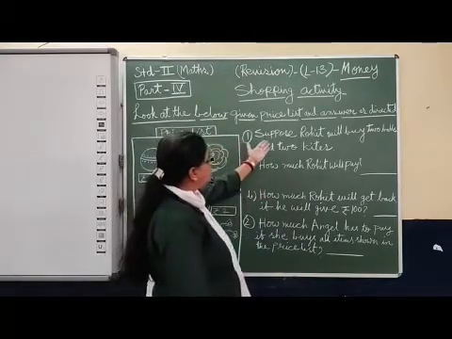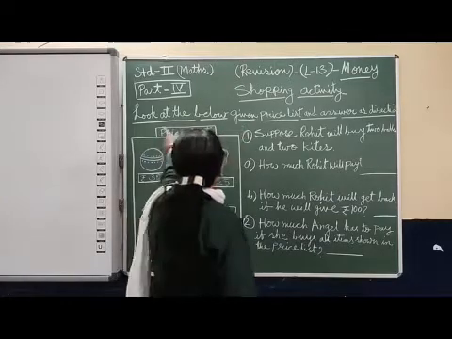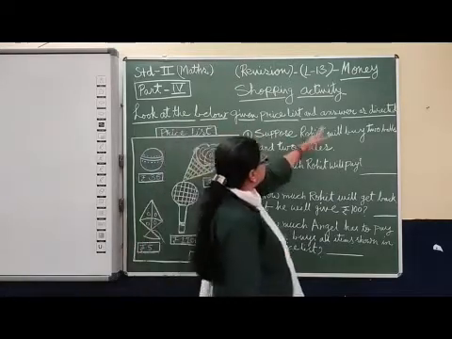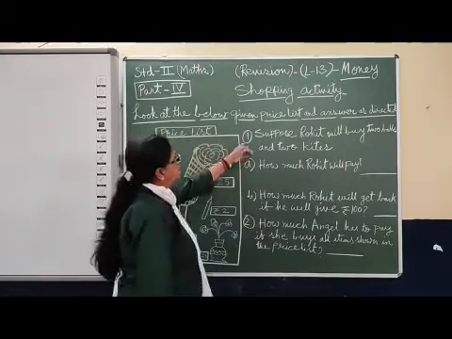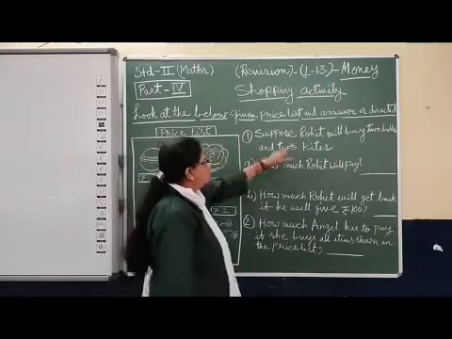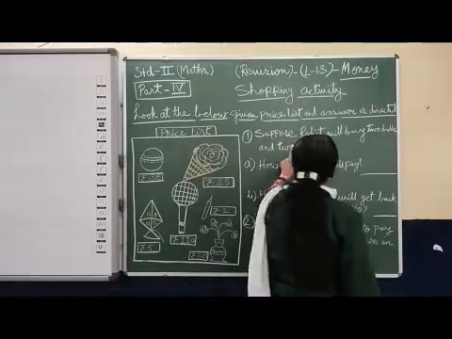We have to read the question that is given, because here it is given: look at the below given price list and answer as directed. What is directed? Number 1. Suppose Rohit will buy 2 balls and 2 kites.